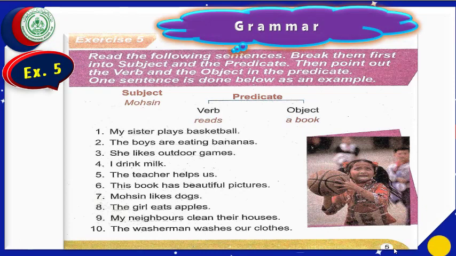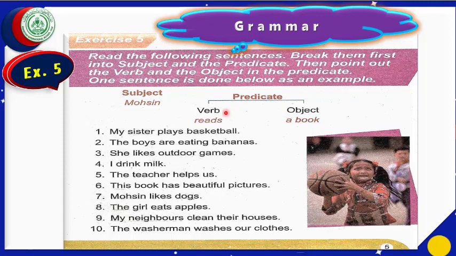Yes, students. We have got knowledge of subject, knowledge of predicate, knowledge of verb, and knowledge of object. Now, our toolkit is very well equipped with all these types of knowledge. Now, we are ready to do this exercise.